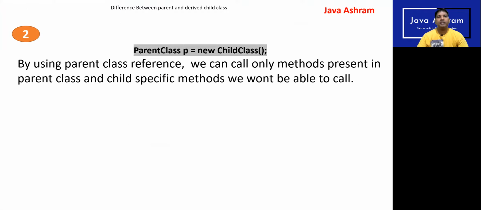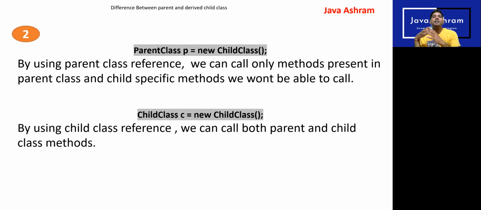This was our second conclusion. By using the parent class reference, using this line, we can call only methods present in the parent class, and child specific methods we won't be able to call, right? We saw this in the code. And same thing, by using the child class reference, we can call both the parent class method and the child class method. This also we saw in the code.